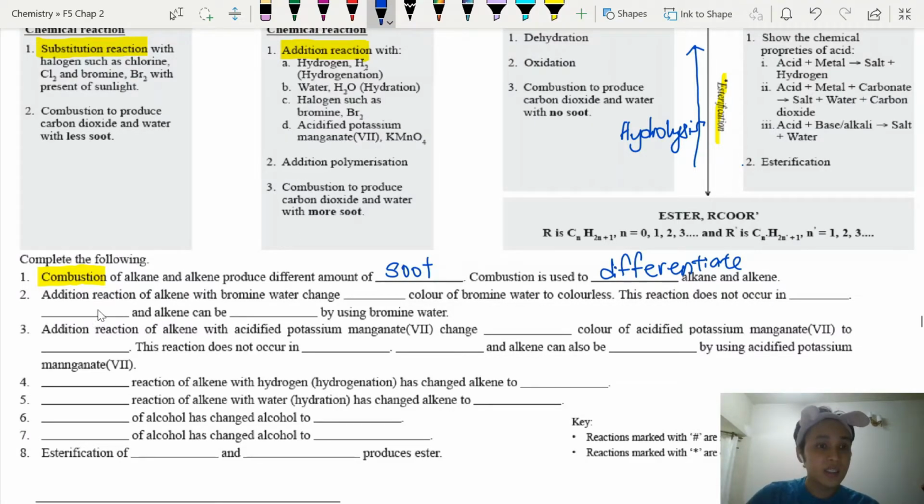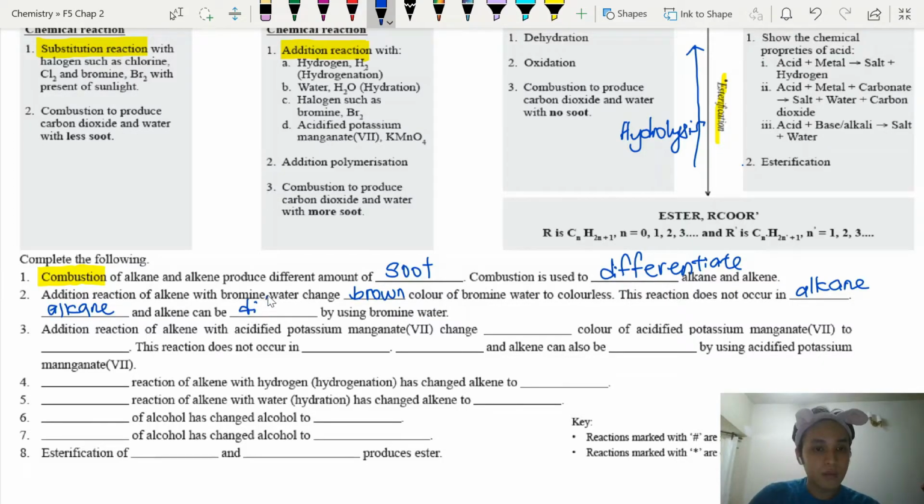The addition reaction of alkene with bromine water changes the color from brown to colorless. You must remember this because it is a test to differentiate alkane and alkene.